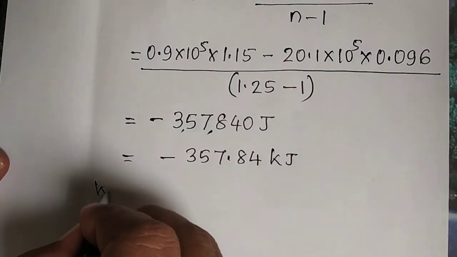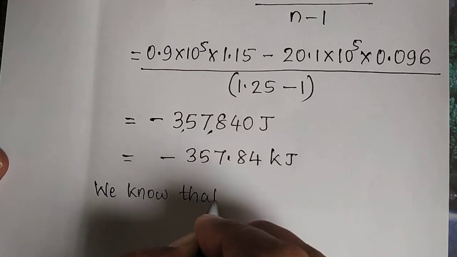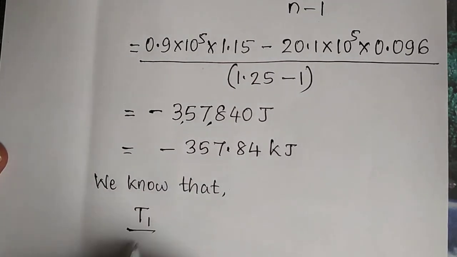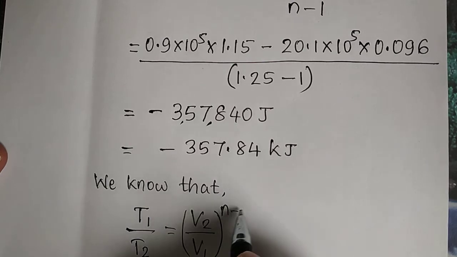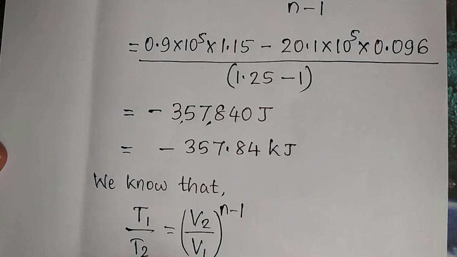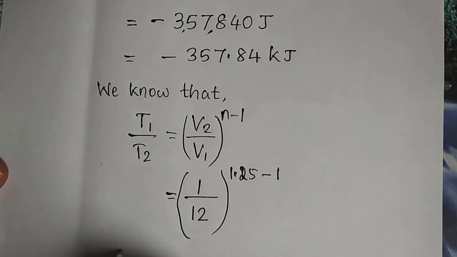So we know that T1 by T2 is equal to V2 by V1 whole raised to n minus 1, that is, 1 by 12 whole raised to 1.25 minus 1 will give me the value of T1 by T2.